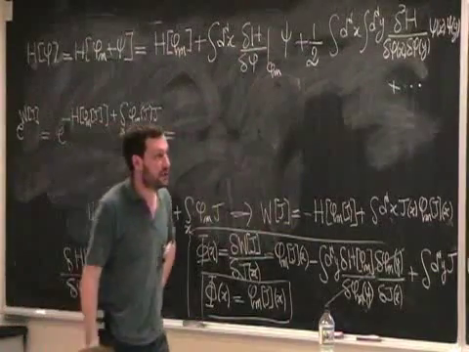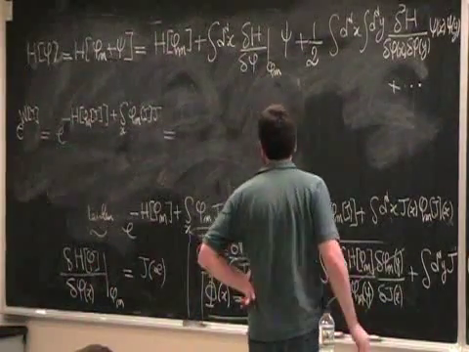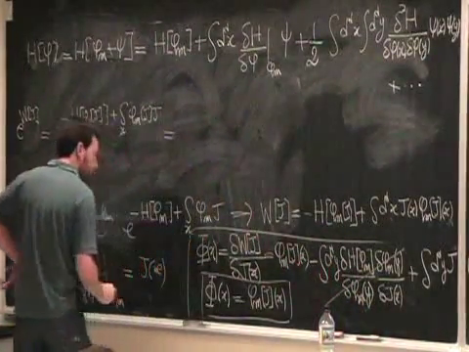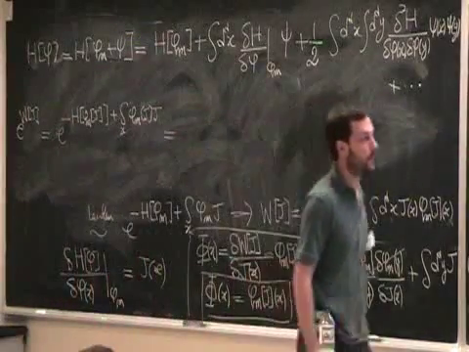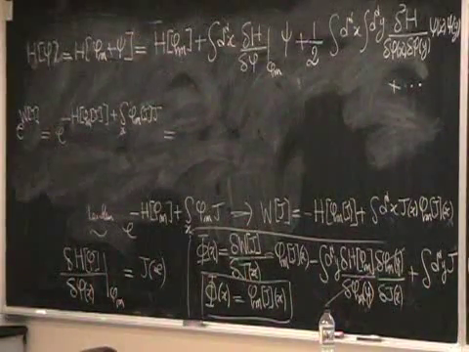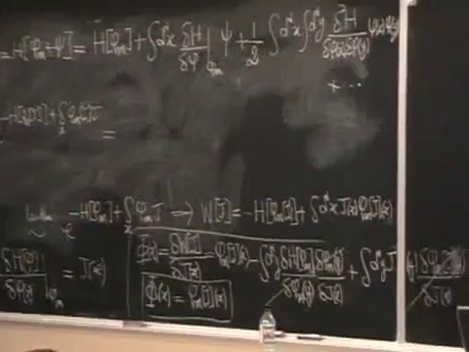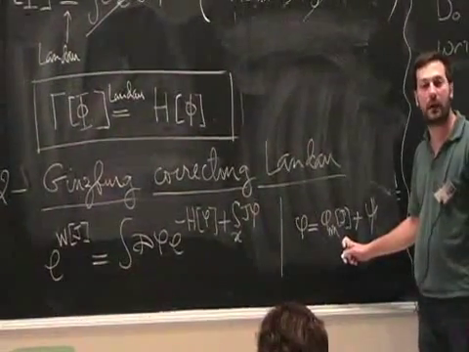Now I have this integral, but you see the change of variable going. This is a non-fluctuating variable. With respect to the functional integral, this is a constant. Okay?